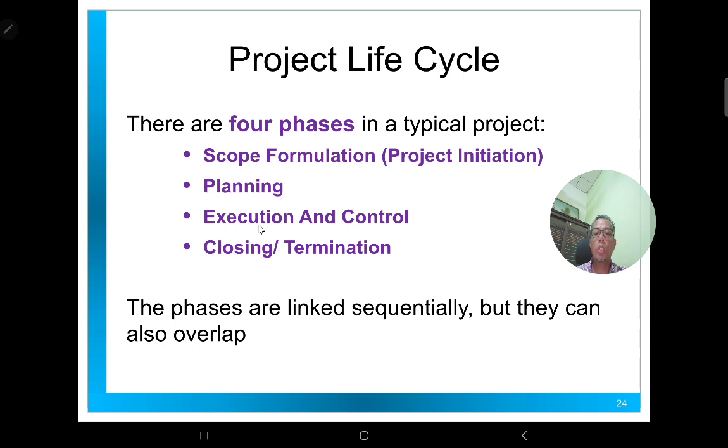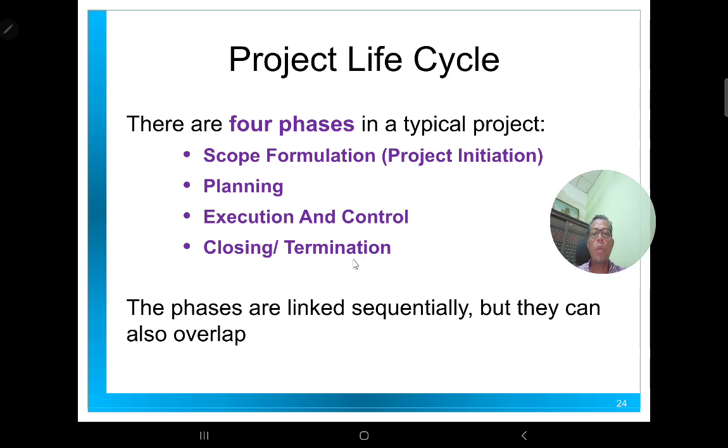So it includes managing the human resources, managing the facilities, and also managing the technologies involved in order to meet the project objective. You also perform some control on the process or execution of the project to make sure that the activities can be executed successfully.